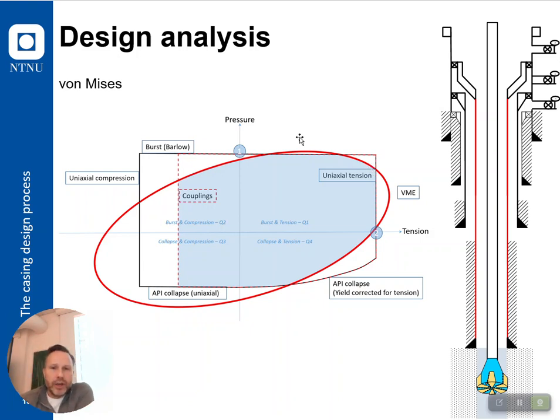We see a dashed line here that's supposed to tell you that couplings are important in your design. It's both true and not true. If you have these old type couplings called BTC, and there's another one also I can't remember off the top of my head, they are performing less than the pipe itself, whereas premium threads will in most cases today perform better.